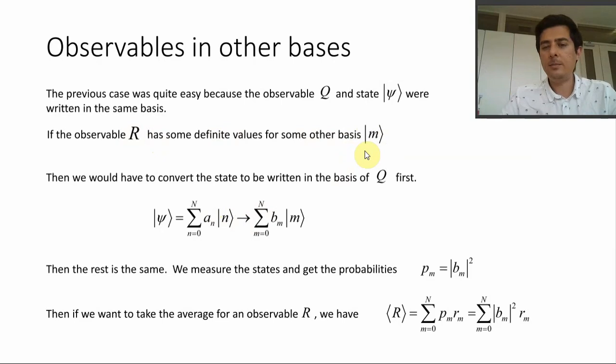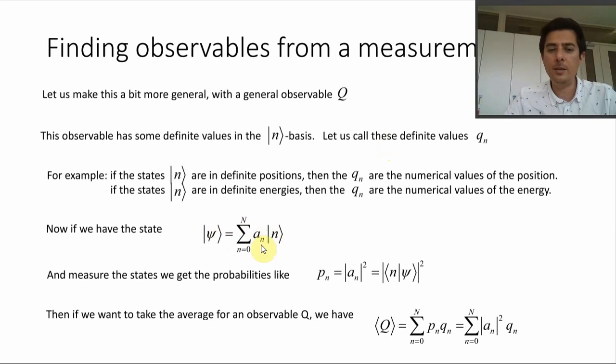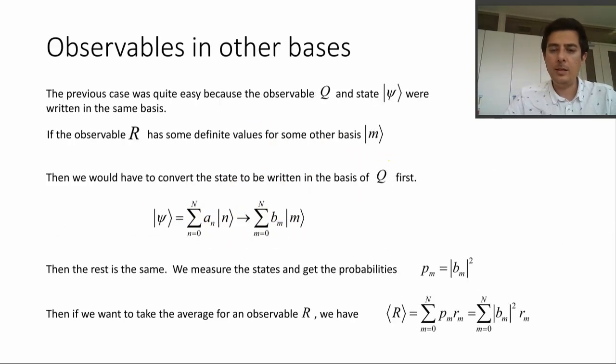So this R has some particular basis, and this might not necessarily be exactly the same states that I've written my quantum state in. So you might think, okay, what do I do in that case? Because in this case, it was easy because I could just read off the probabilities that I would get for each of these states n. But in this case, this R might not have the same basis as this state.